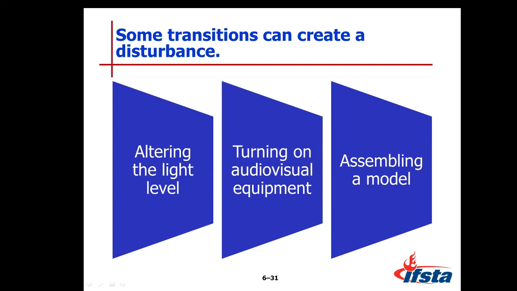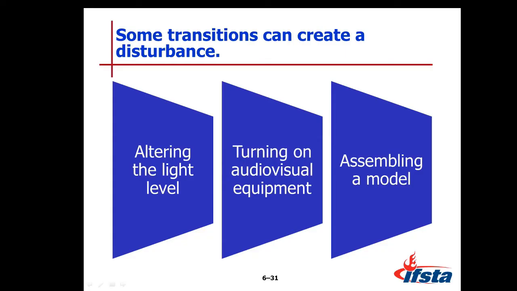I recommend a slight change in the light level if at all possible. Audio-visual equipment, I always make sure that mine is turned on, and then I have a button on my presenter that'll take the screen black and then turn it back on as well. Or assembling a model, that needs to be done before class. That way you're not taking class time to assemble something because you were not prepared.